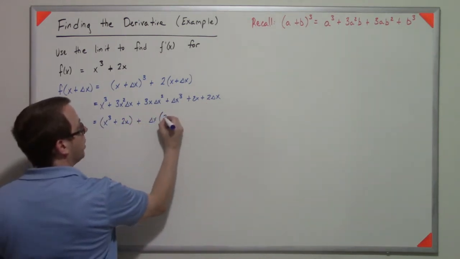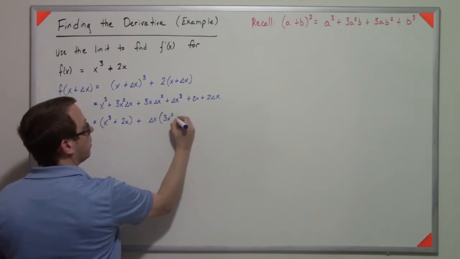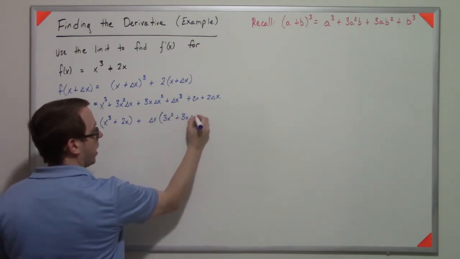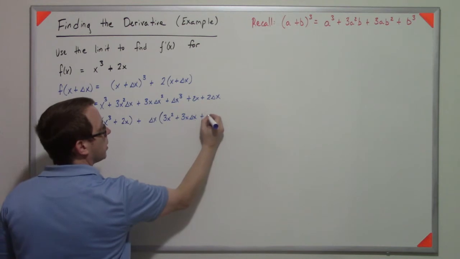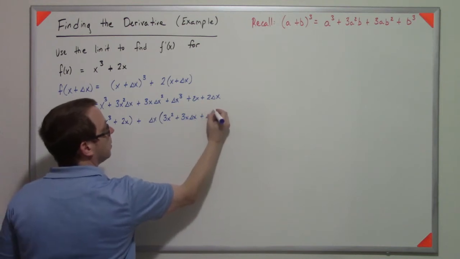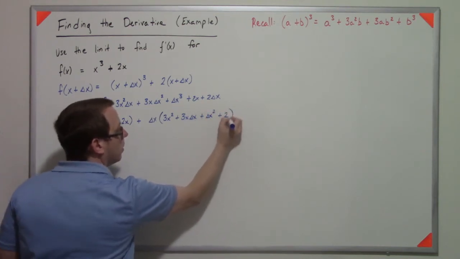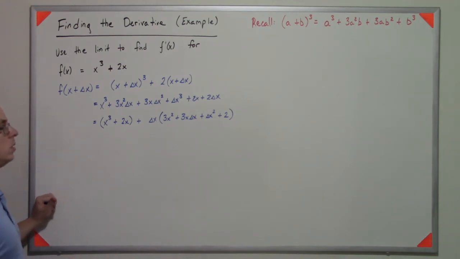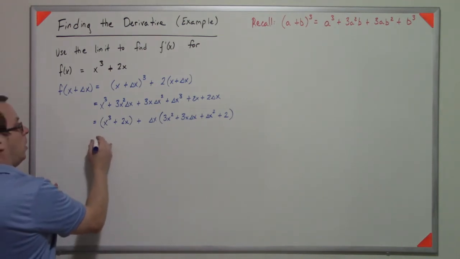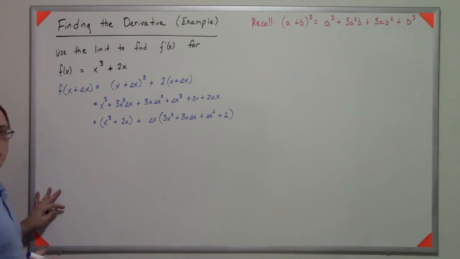So then that's going to be 3x squared plus 3x delta x plus delta x squared plus 2. So that is f of x plus delta x.